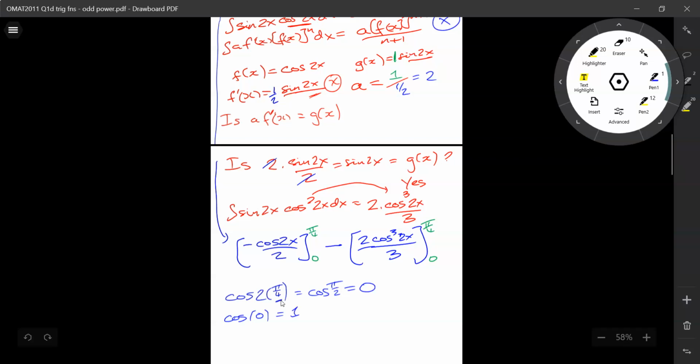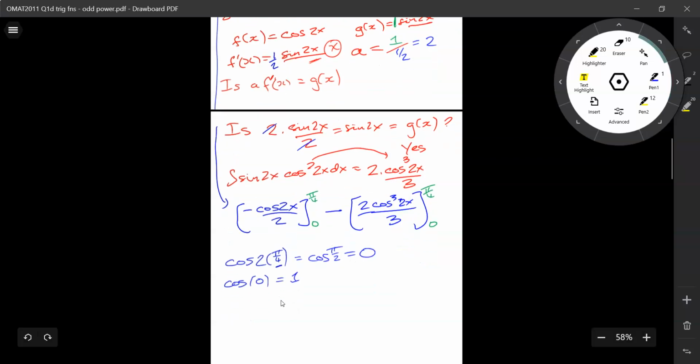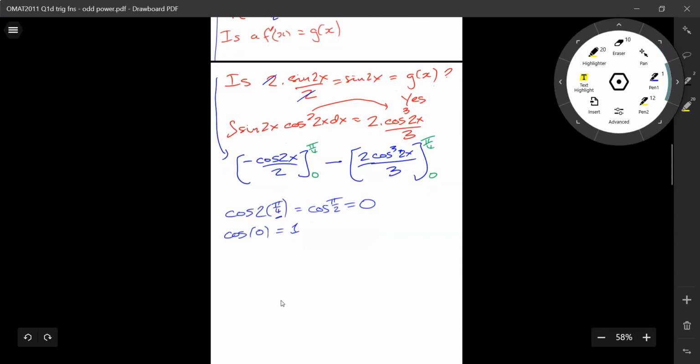And the cosine of 0 is 1. So that helps us a little bit when we're working out our integrals. We can bring the half outside if we want, or I leave it inside. It's minus cosine. So the upper limit is pi over 2 divided by 2. The lower limit is minus times minus cosine.